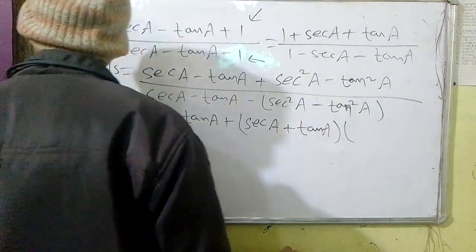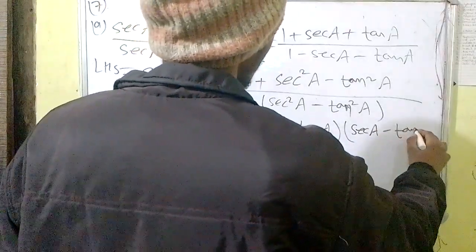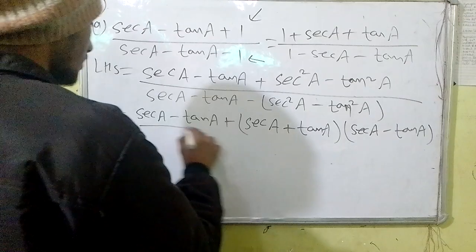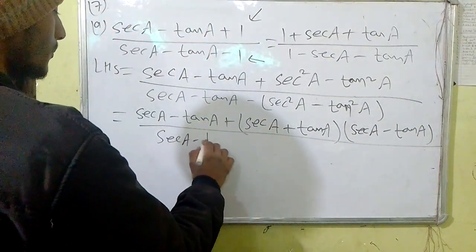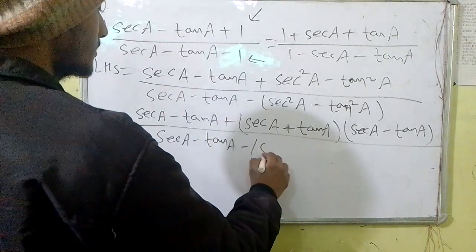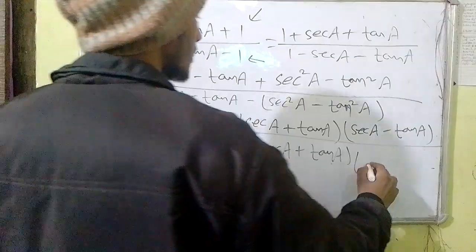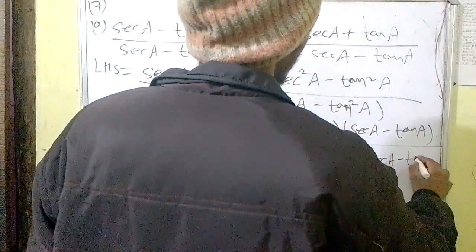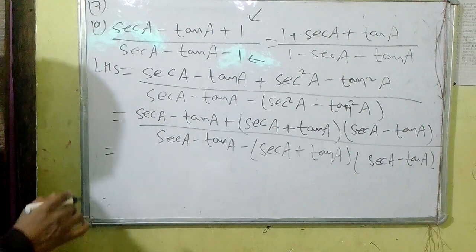Secant a plus tan a, times secant a minus tan a, divided by secant a minus tan a minus secant a plus tan a times secant a minus tan a. What I've done here is just expand this out, not any other change.